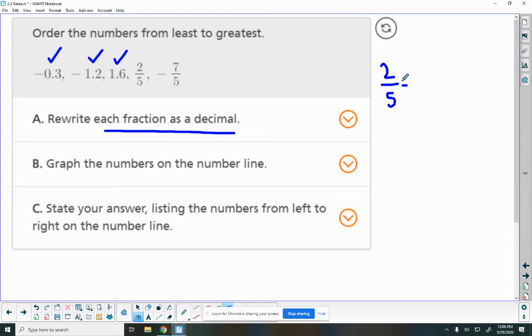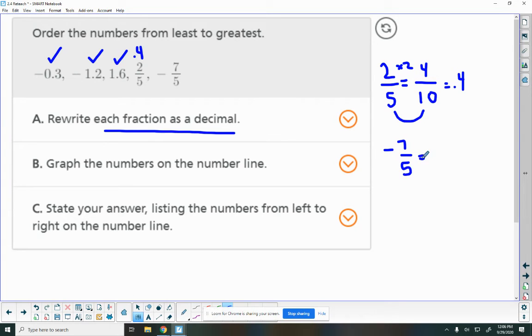It'd be a great idea if you got out a paper and a pencil and tried to make these decimals with me. So again, we want to use that number 10 for the tenths place. To get from 5 to 10, I times by 2. So 2 times 2 is 4/10, which looks like 0.4. This is the tenths place. So here's 0.4.